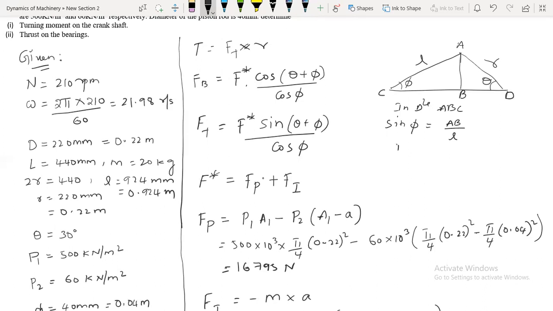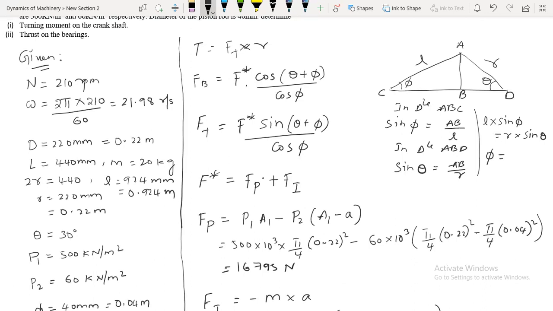Similarly, in the triangle ABD, sine theta can be written as AB by R. Now compare these two equations. We get L sine phi equals R sine theta. Now find phi by substituting all values.